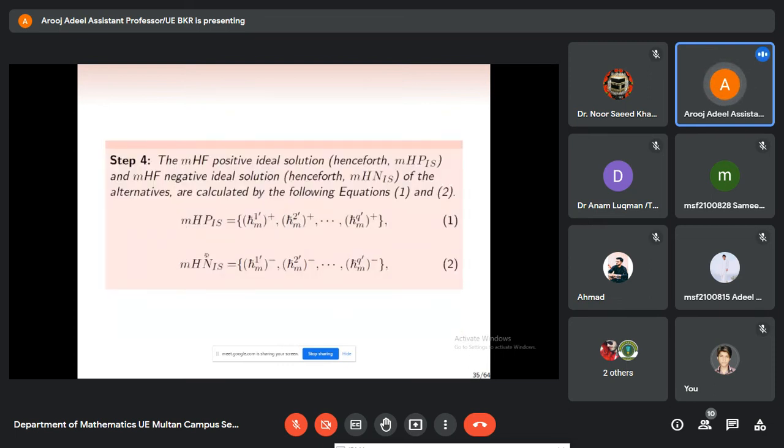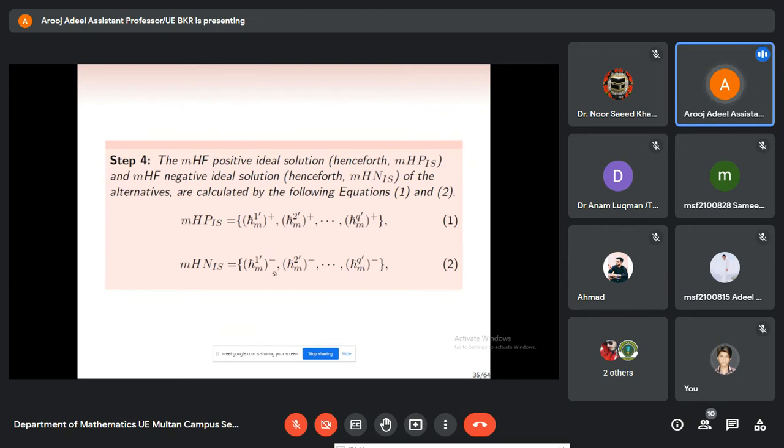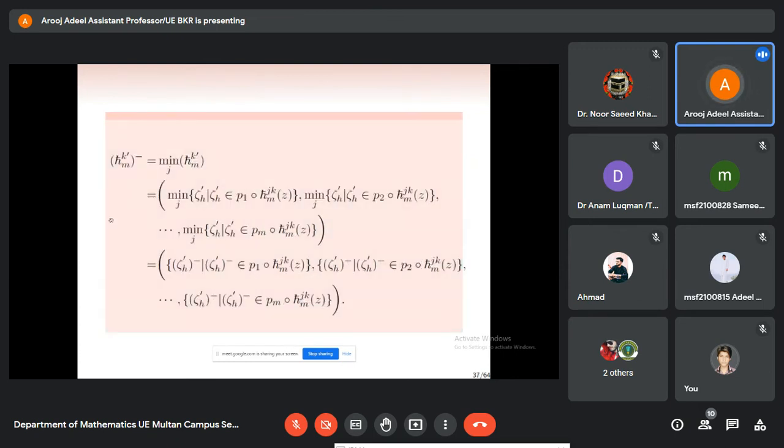The next is to find the M-polar hesitant fuzzy negative ideal solution, where these negative values have the formulation given in this slide, which is basically the minimum of these values.